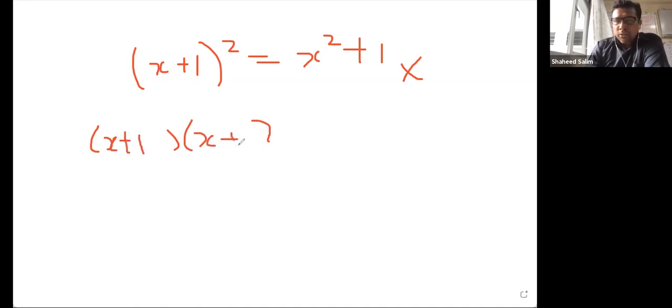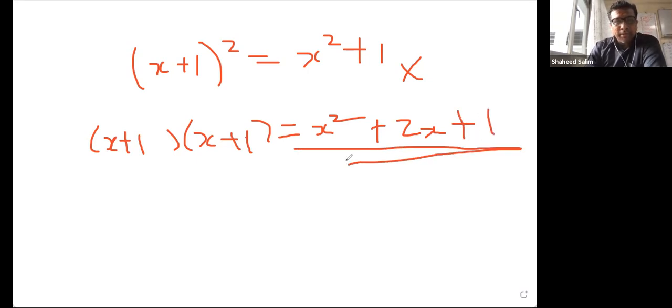Then when you multiply it out, you get x times x, x squared. x times 1, 1x, then plus 1x, so becomes 2x. 1 times 1, 1. You have done this, do you remember? So it's the same thing. Every time they give you a bracket squared, you've got to move it into this form. That was your main mistake. Okay, we move back.